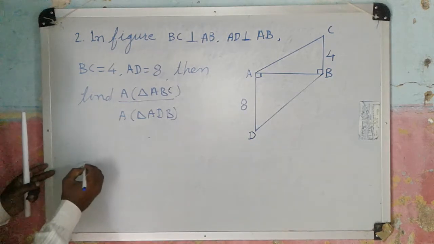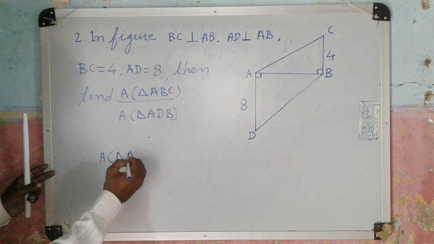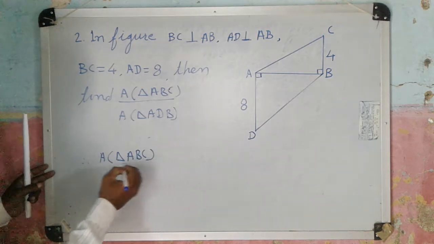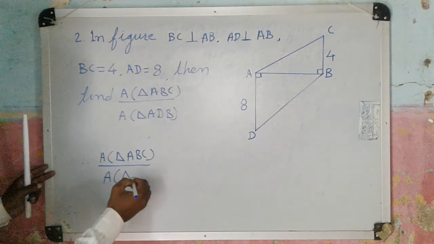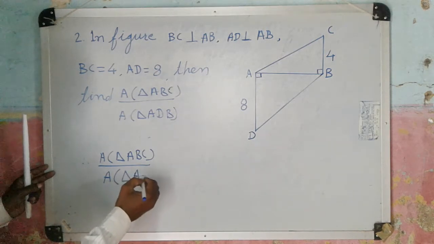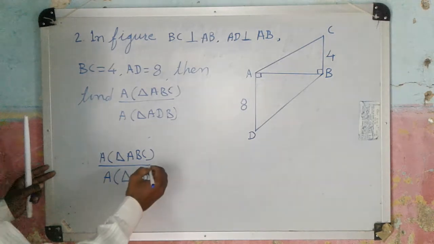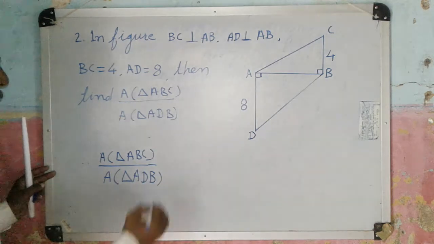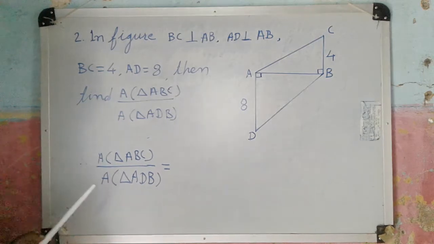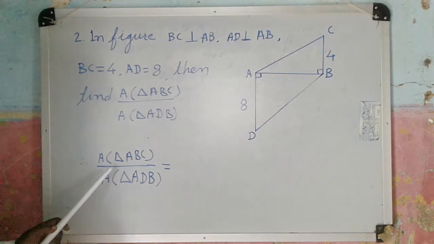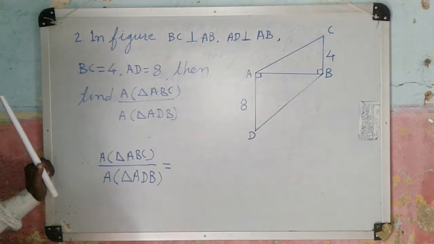Therefore, area of triangle ABC upon area of triangle ADB is equal to, that means this ratio is proportional to the ratio of their corresponding heights.